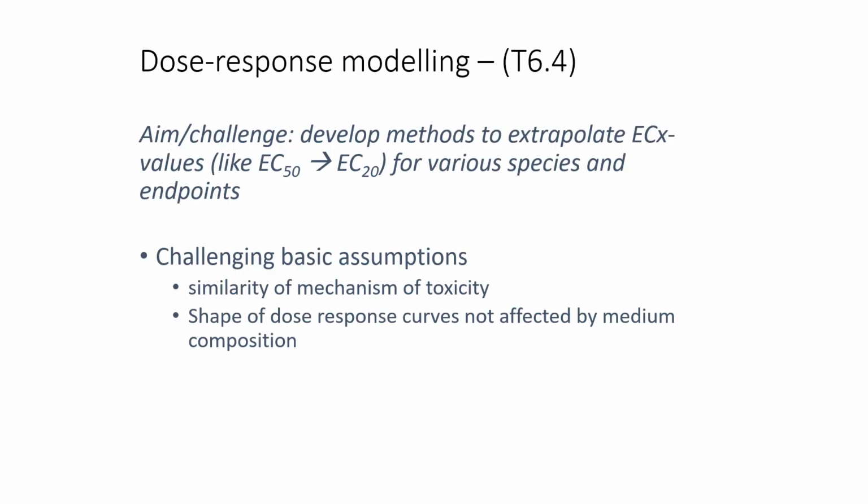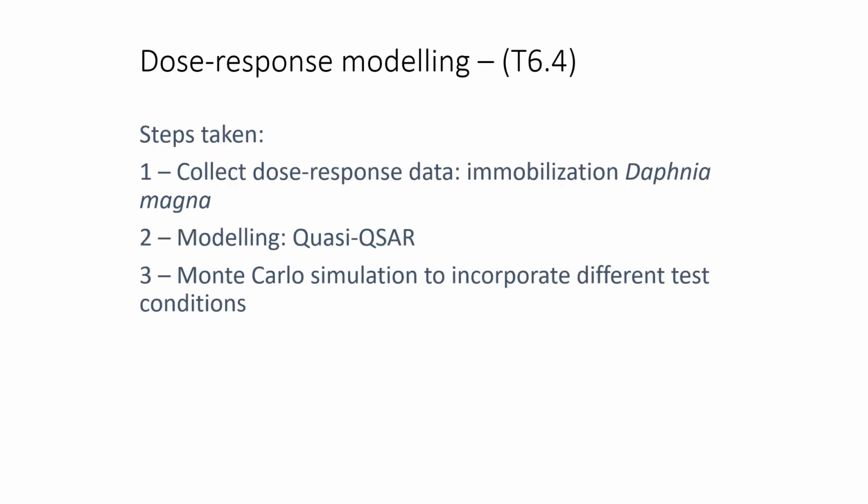Now we move to the environmental modeling. Here, our challenge is to develop methods for extrapolation of the EC values, such as EC50 to EC20, for various species and endpoints. There are some challenging basic assumptions, such as the similarity of the mechanism of toxicity, and the shape of the dose response curve not being affected by the medium composition.